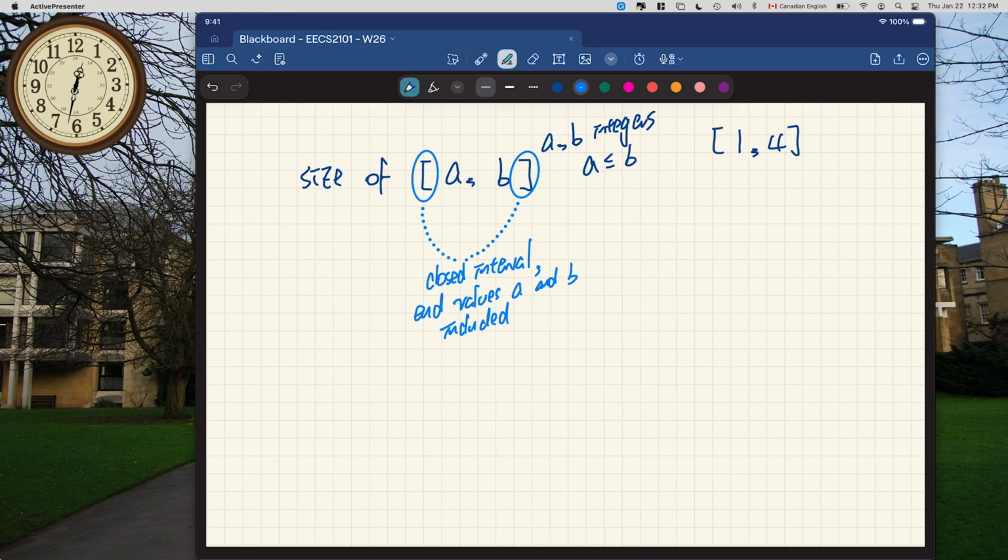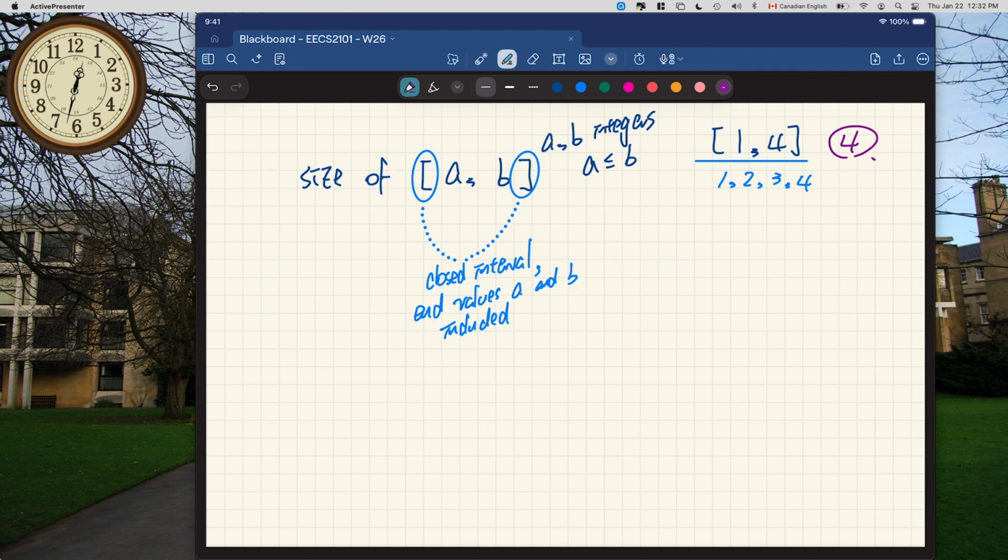So here, when we say 1, 4, it's really asking about how many numbers are there between 1, 2, 3, and 4. Right? That should be 4. Of course, a and b can be arbitrary numbers. Right? So that's something we want to learn.